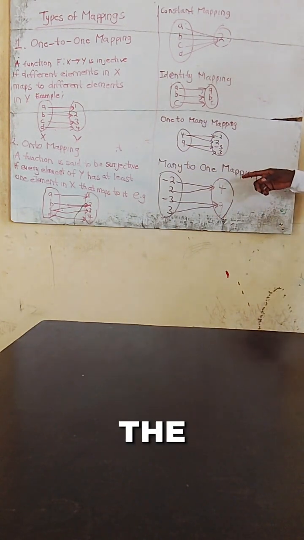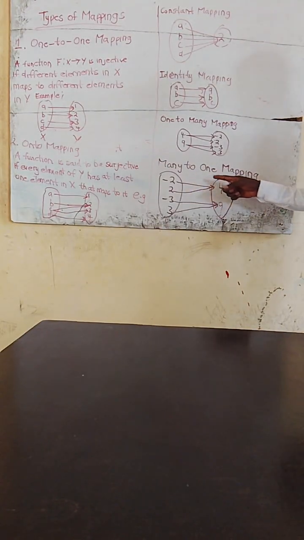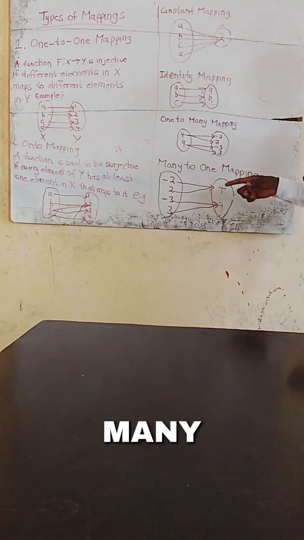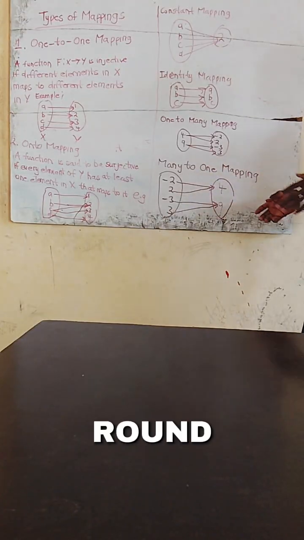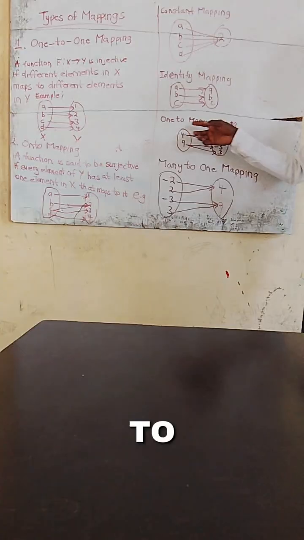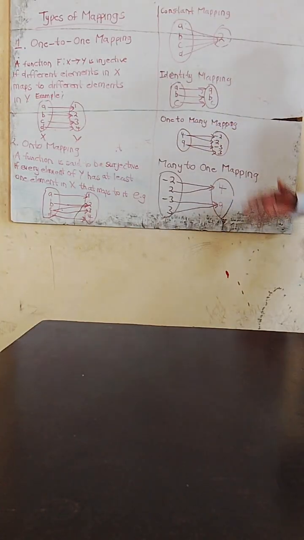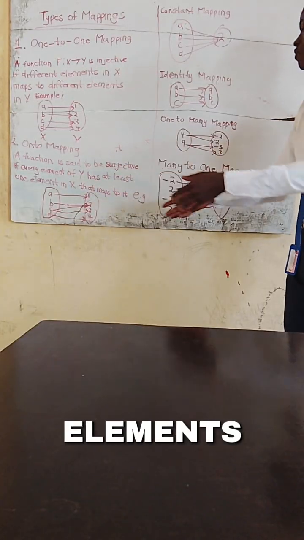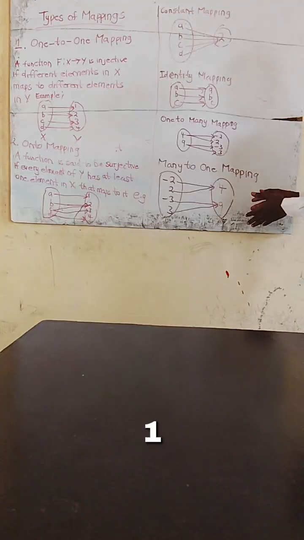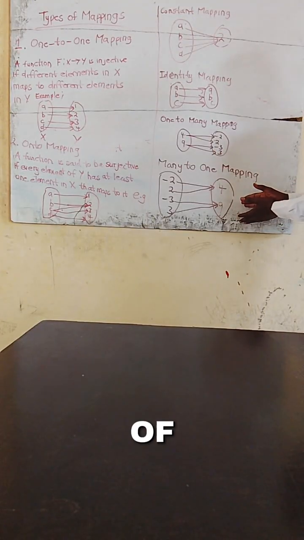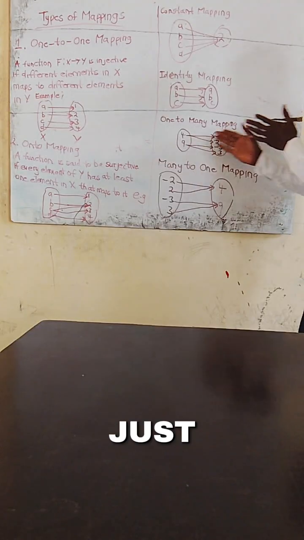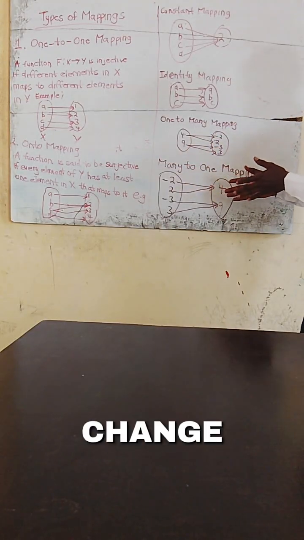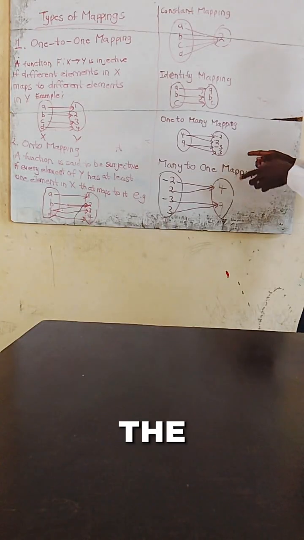So we also have the many-to-one mapping. A many-to-one mapping is the other way around. When I said one-to-many mapping, it means one to multiples of elements, while in this second type, multiples of elements map to one. It's just intertwined and changes position.